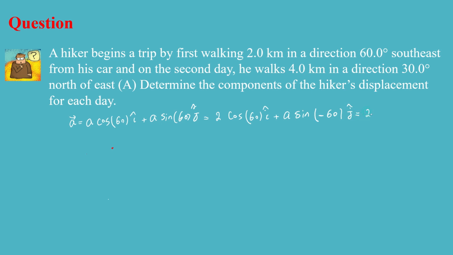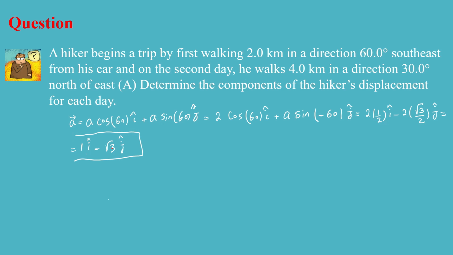So it's going to be 2 times half I minus 2 times root 3 over 2 J, which is equal to 1 I minus root 3 J. This is what I have for vector A.